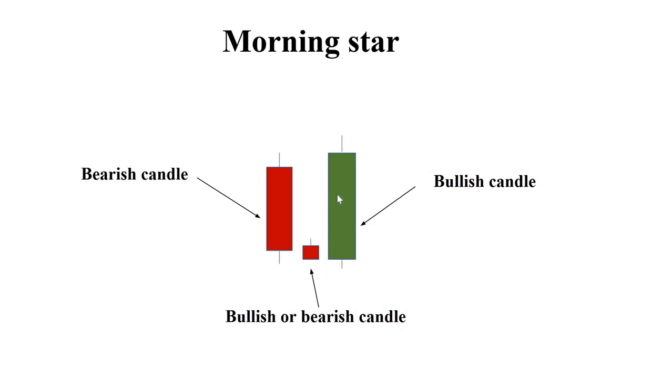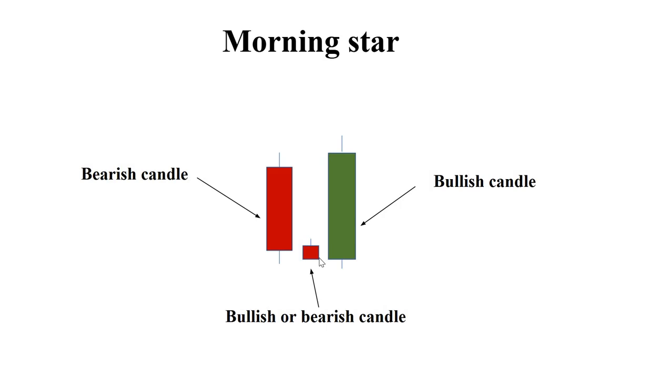Therefore, the buyers took control by the formation of a strong bullish candle. The moment we see this candlestick pattern in the market, it tells us clearly that the bulls have taken control and are prepared to push the price up and up and up.